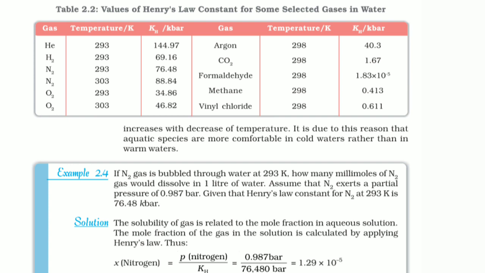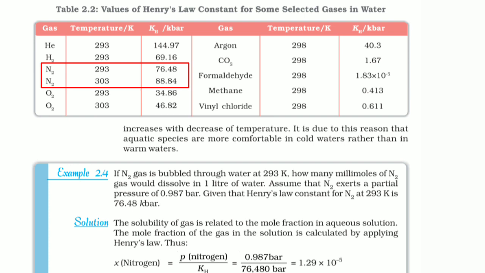Understand? Again, if you look at the value of kh for the same gas, let's suppose nitrogen, at different temperatures. Here in the table it is shown that the kh value for nitrogen at 293 Kelvin is 76.48, and the kh value increases to 88.84 at a temperature of 303 Kelvin.